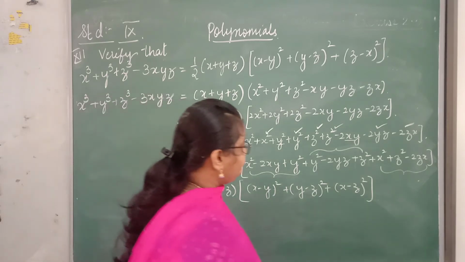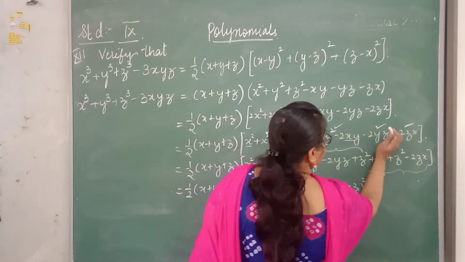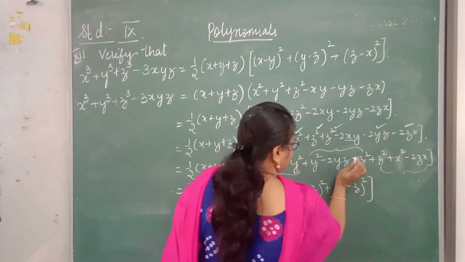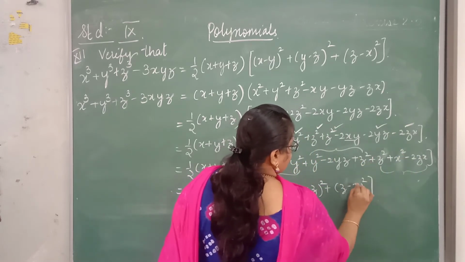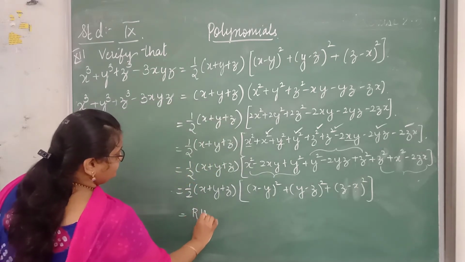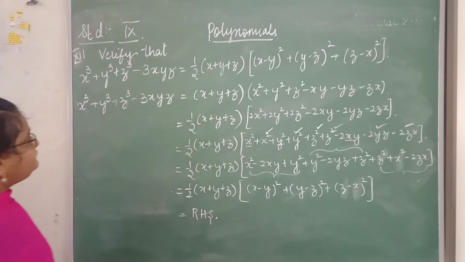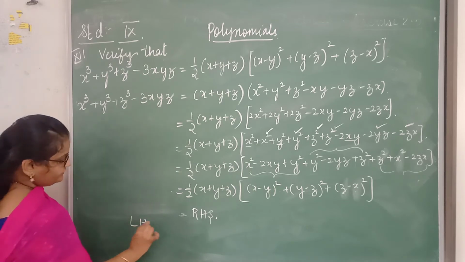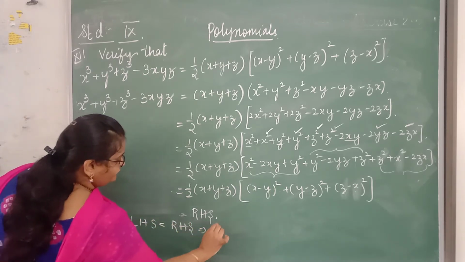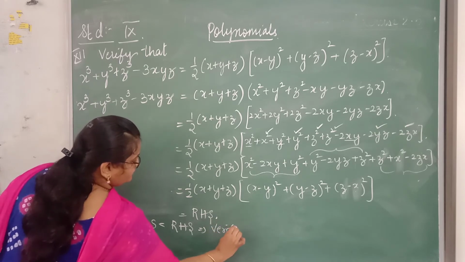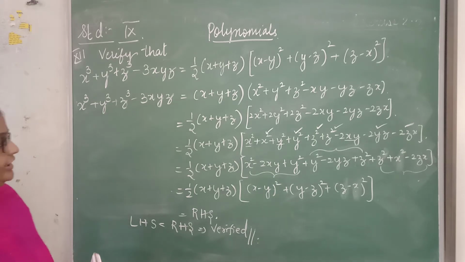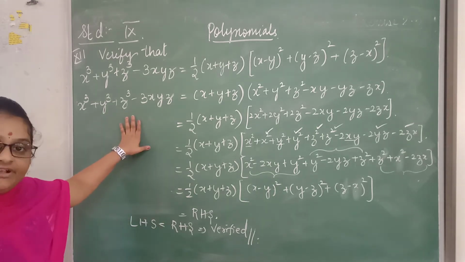Okay, if it is z minus x, write down here z as z square, this as x square, so this becomes z, this becomes x, which is nothing but our RHS. So therefore LHS is equal to RHS, which is verified.